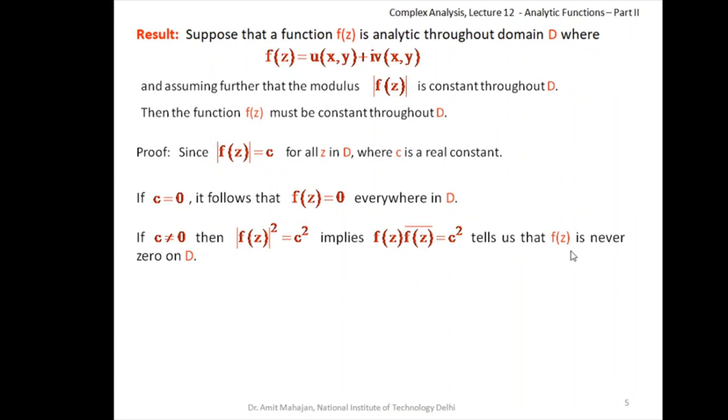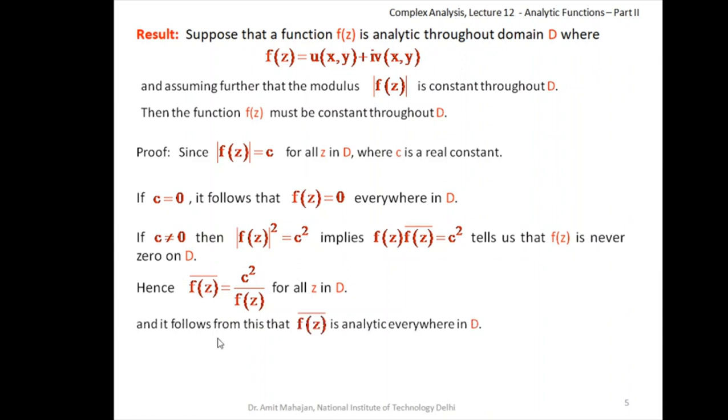Now if function f(z) is never 0 in the domain, then we can divide by f(z) to write that f(z) bar is c squared by f(z) for all z in D, and because f(z) is an analytic function, c squared by f(z) is also analytic, that means f(z) bar is also an analytic function.